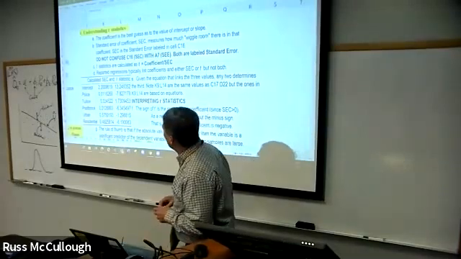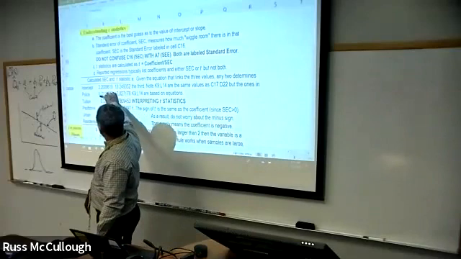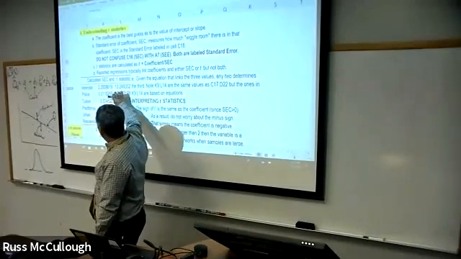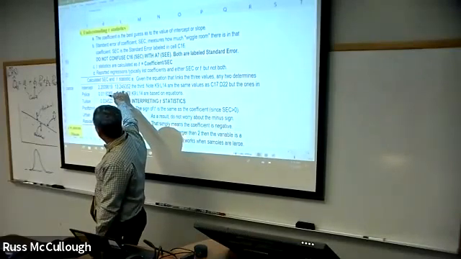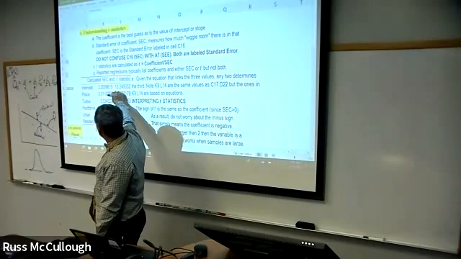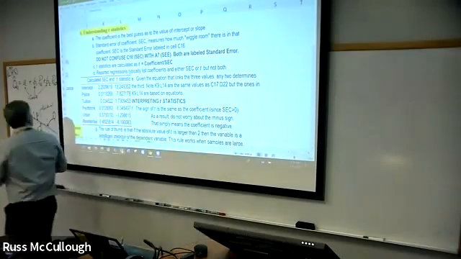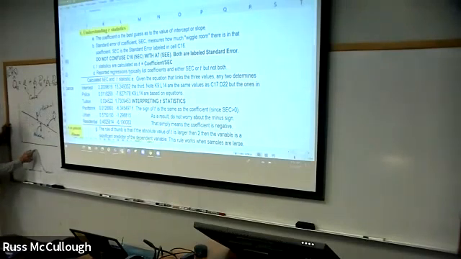Negative 0.08. So this has now changed to 0.01. We'll talk about that more later on what might be going on. But that is the coefficient. So I'm just going to use that one for now, 0.01.